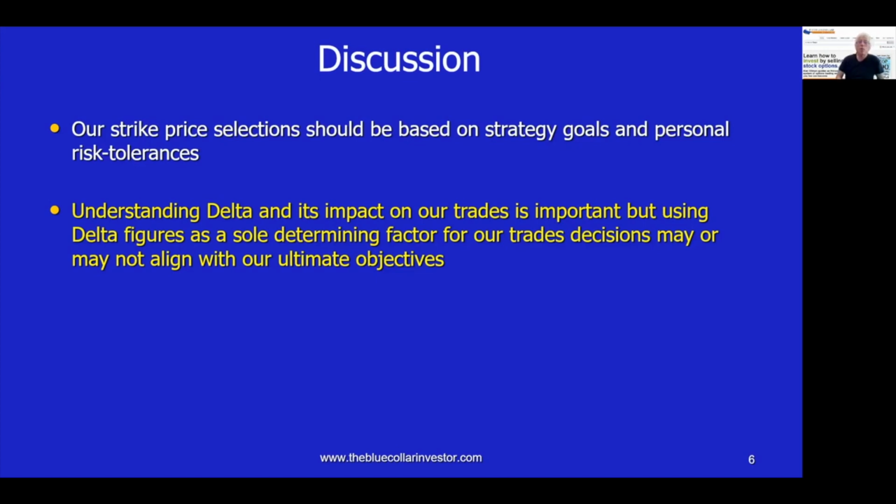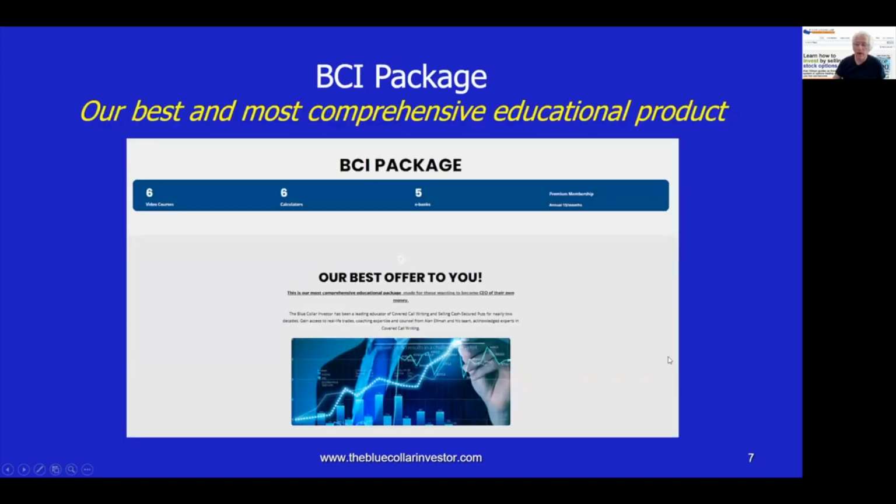We may want to be more bullish and go out of the money and use lower delta strikes. We may want to go deeper in the money and use very high delta strikes. So it's not like one size fits all. Okay, so that's the main point of this particular podcast. I hope that it rings true with everybody viewing this podcast today.